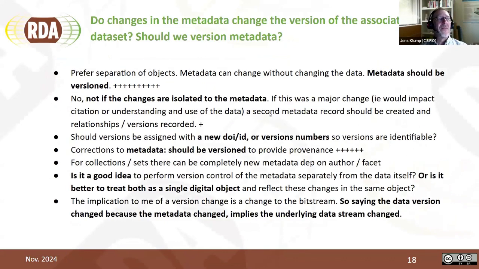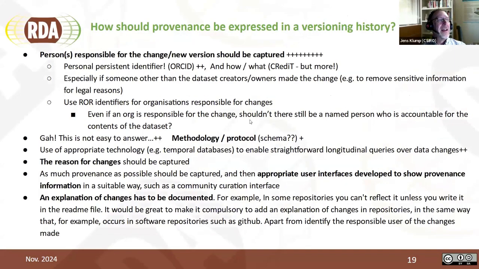Then, if we edit the metadata but the data set doesn't change, should we version the metadata, or what happens to versioning here? And how should provenance be expressed in the versioning history? Is that through release notes? Is this through the identifier itself? There are still questions that need to be discussed.